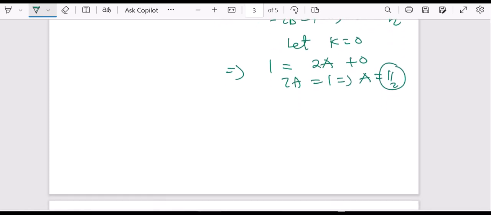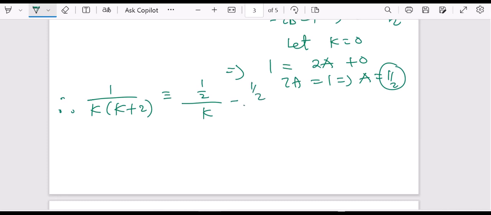So right now we have 1 over k plus 2 written as a half of 1 over k minus a half of 1 over k plus 2, which we can actually write as 1 over 2k minus 1 over 2k plus 4, like this.